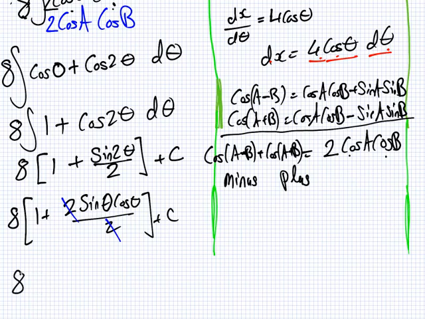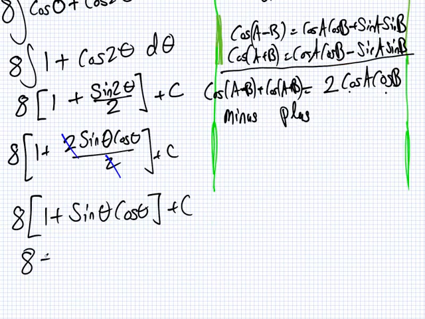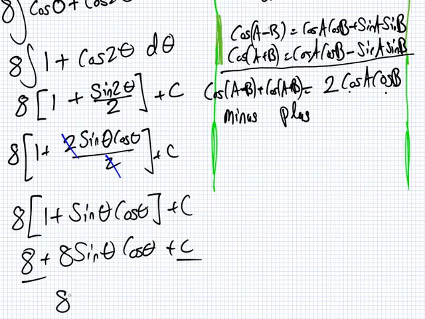So I'm left with 8 bracket 1 plus sine theta cos theta plus c. Or if you want, that's 8 plus 8 sine theta cos theta plus c. Although we can put this 8 and the c together, and we get 8 sine theta cos theta plus big C. But that's still not finished.